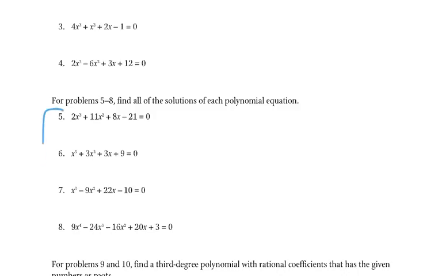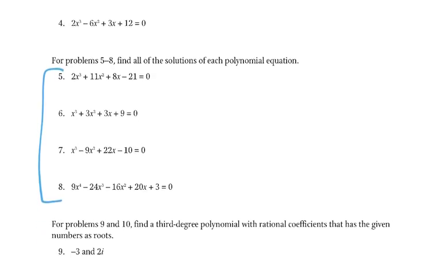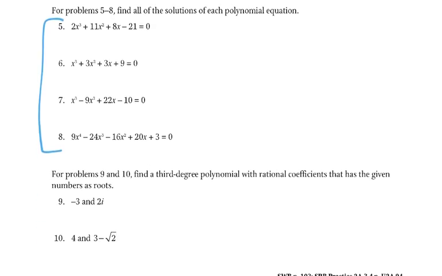Now here they actually want us to solve these ones. Sorry about that, Belle. But they want us to find the solutions, the x-intercepts to these. Okay. So what we should do, ideally, is find all the possible roots. So this is how we'd normally do it. Okay. So we've got negative 21. So we've got 1 and 21, 3 and 7, and we've got 2, so 1 and 2.